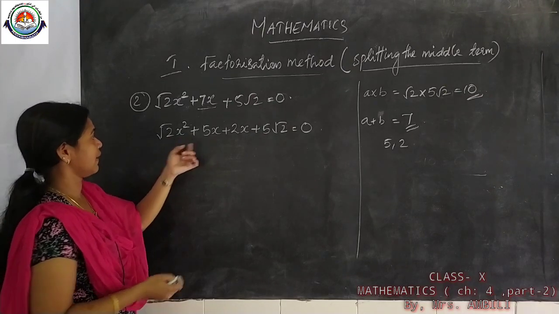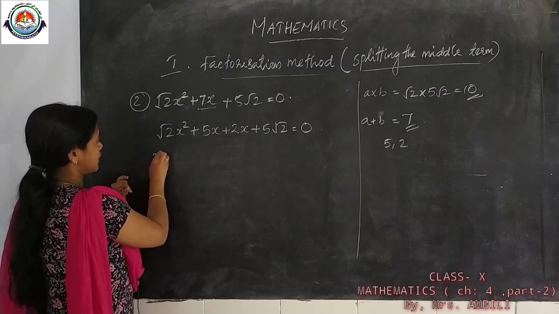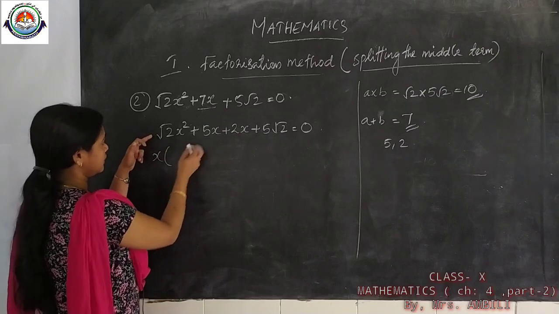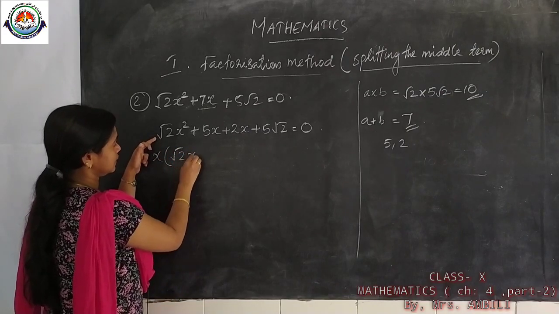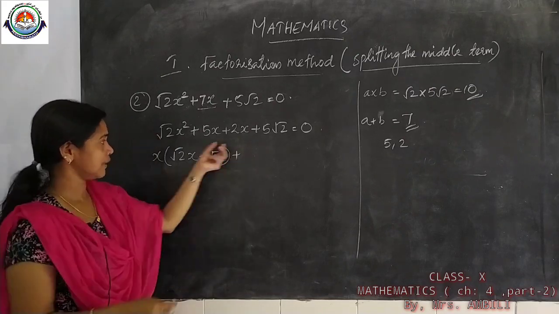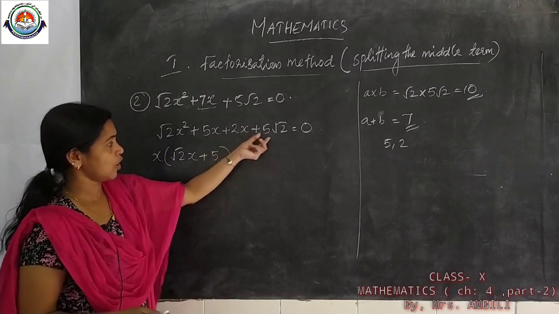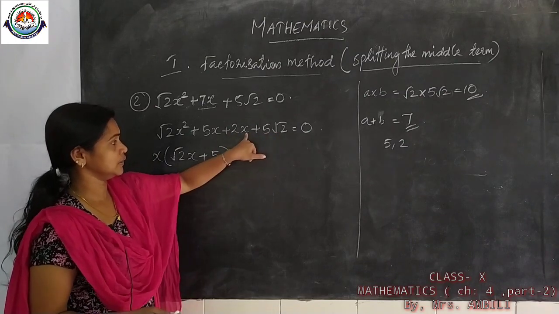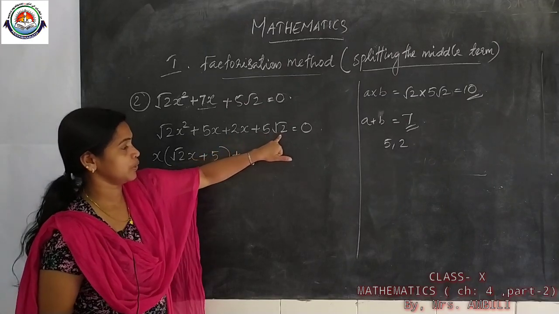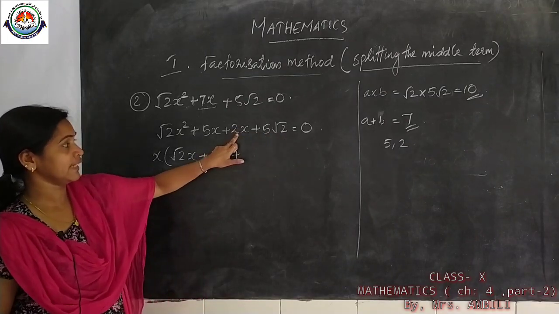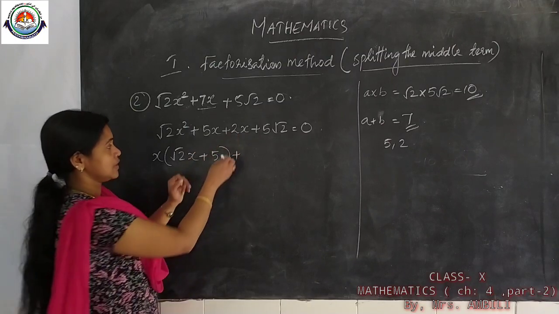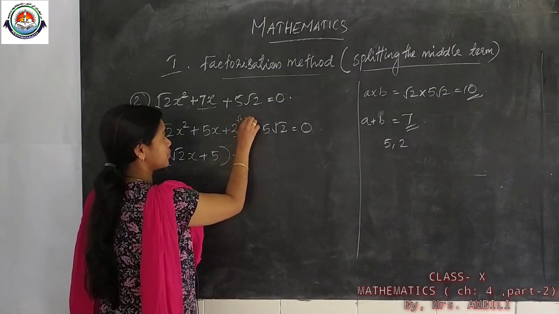Then take the first two terms together. Root 2x square plus 5x, we can take x outside. If you are taking x outside, what is remaining? Root 2x plus 5. Plus, from these two terms, what is the common term here? X is not there. So, 2 is there, and root 2 is here. This 2 we can write as root 2 into root 2.